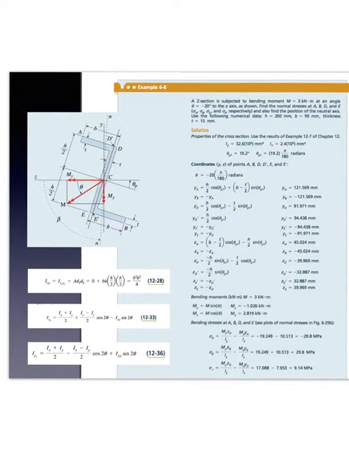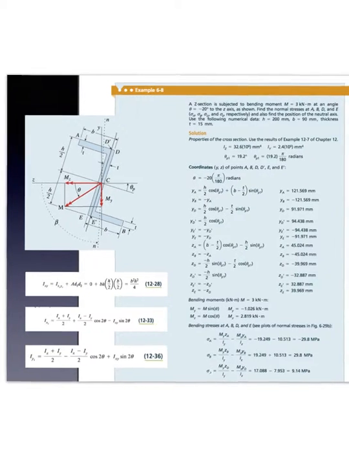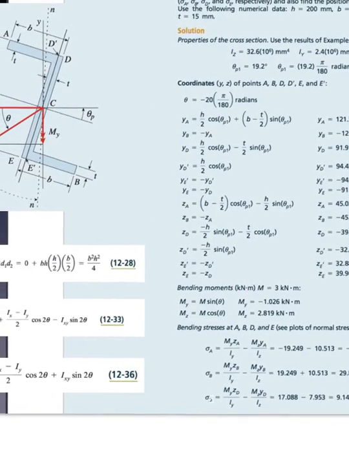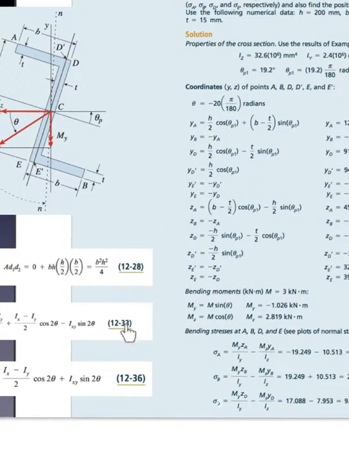Okay, so when looking at our equations 1233 and 1236 for transforming our moments of inertia, we see the untransformed terms IX there and IY, which we have just calculated.